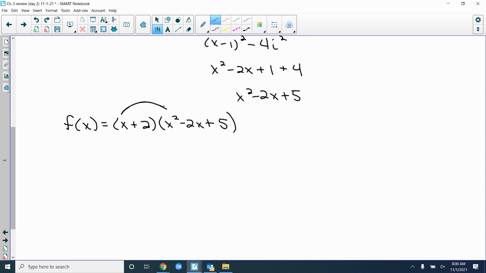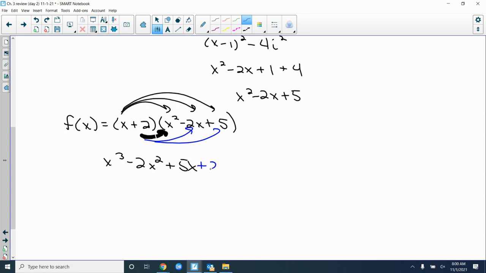All right, let's see here. x cubed minus 2x squared plus 5x. And then, oops, plus 2x squared, and then minus 4x, and then plus 10.